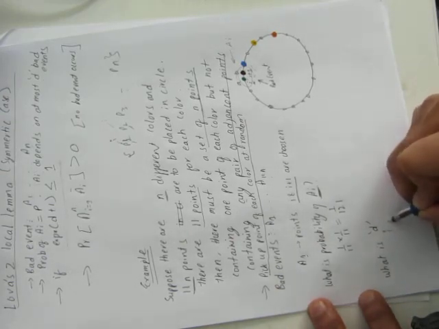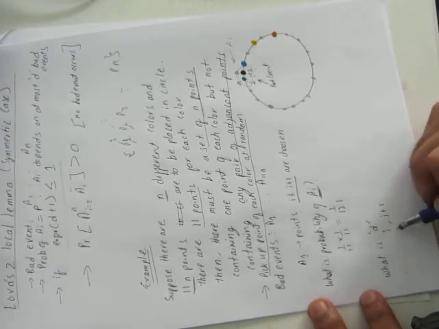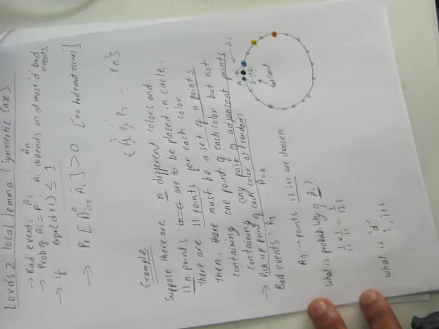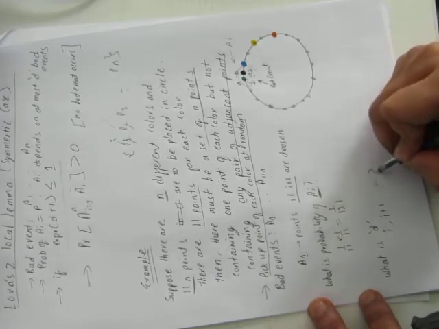There is i and there is an i plus 1 pair. So there are 2 points, and we know each color can have at most 11 points. So there are a total of 22.